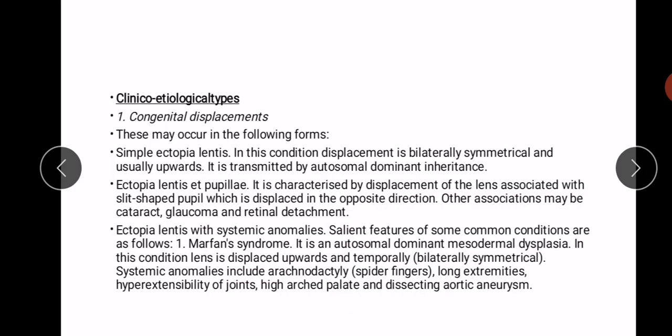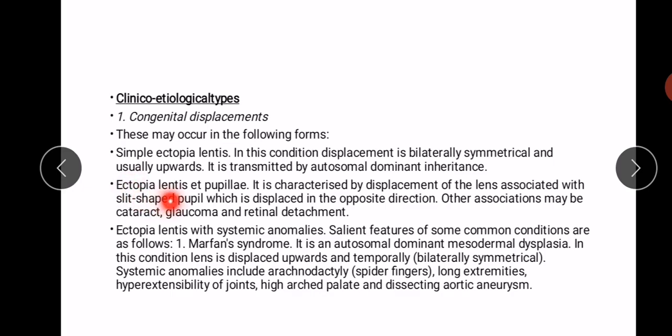So what are clinico-etiological types? 1. Congenital displacements. These may occur in the following forms: simple ectopia lentis. In this condition, displacement is bilaterally symmetrical and usually upwards. It is transmitted by autosomal dominant inheritance.